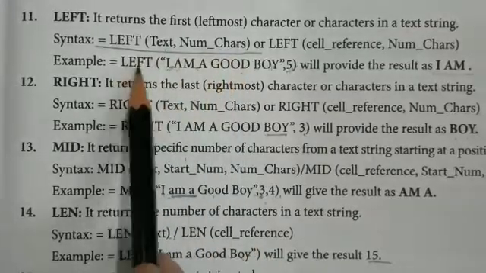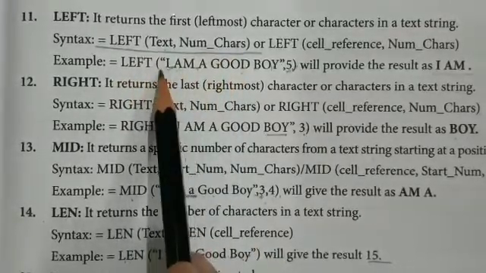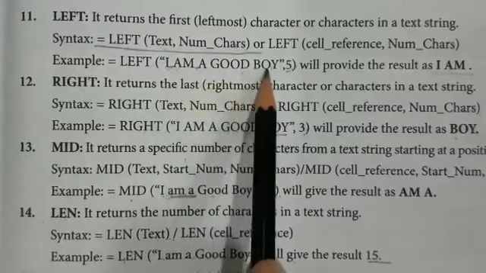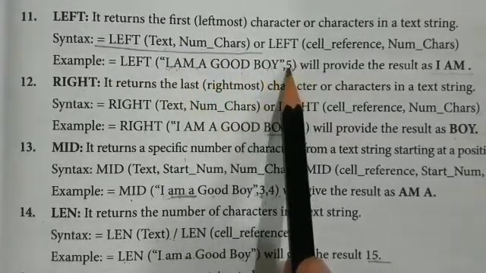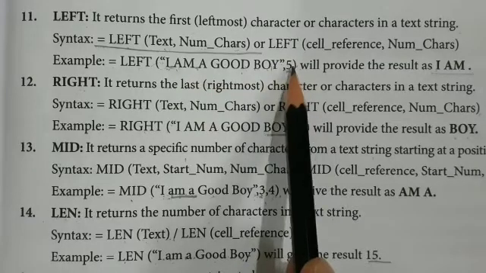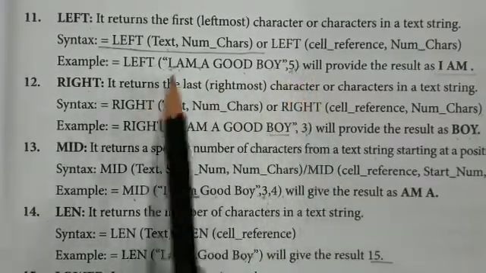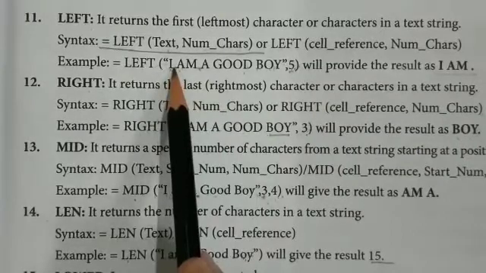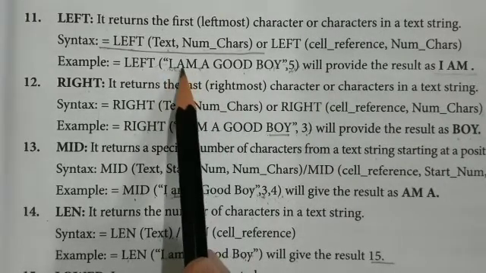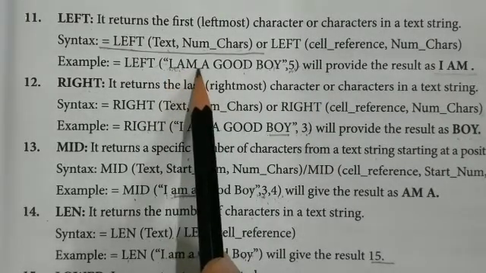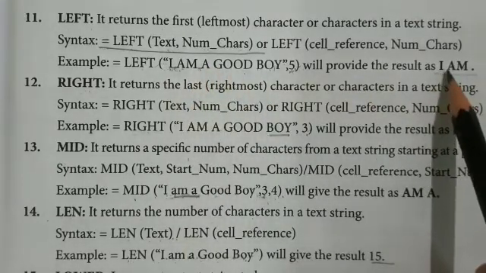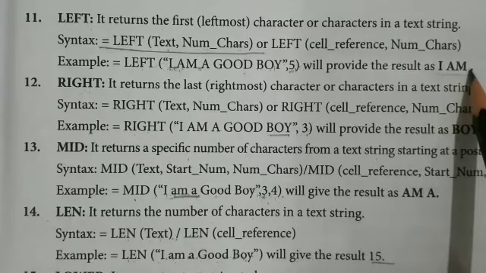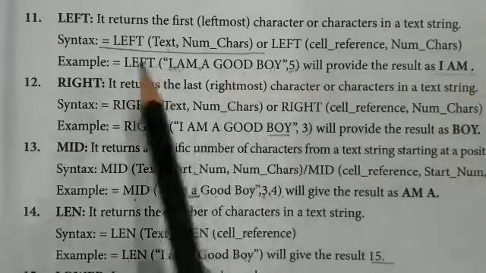For example, equals LEFT, the string "I am a good boy" and number of characters 5, it will return 5 characters from the left. So 1, 2, the space also it will count, 3, 4 and again 5, the space. So it will give the result as "I am" with the spaces.